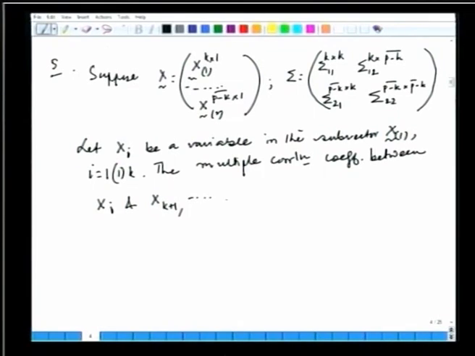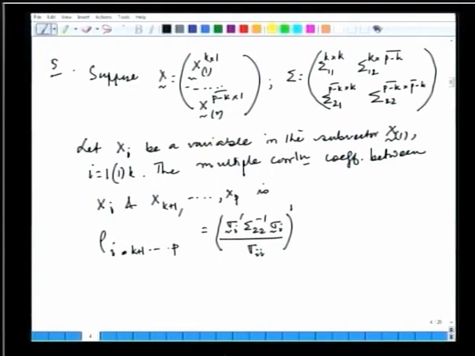So, the notation is rho i dot k plus 1 up to p. Let me put a bigger dot for this, and this is nothing but the square root of sigma i transpose sigma 22 inverse sigma i by sigma i.